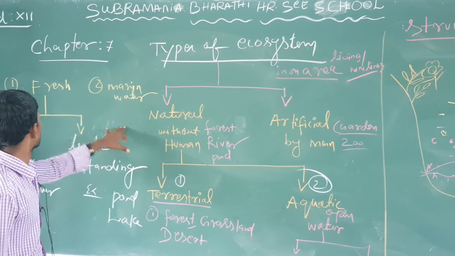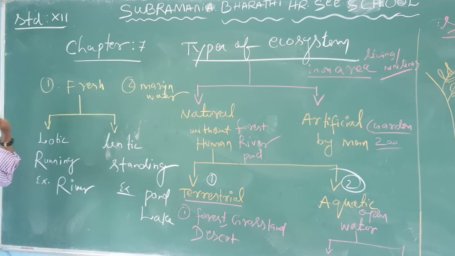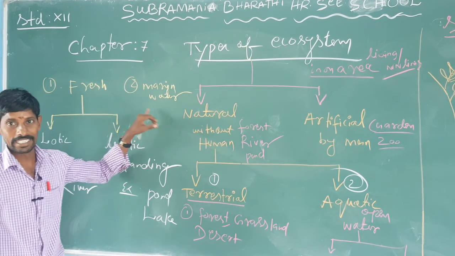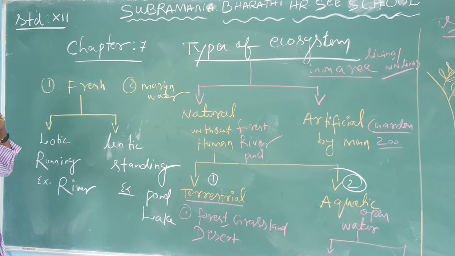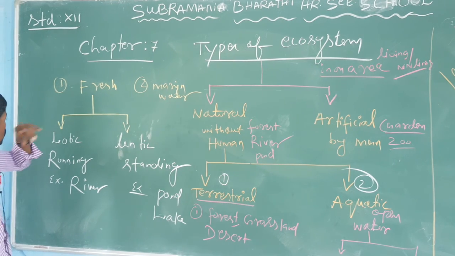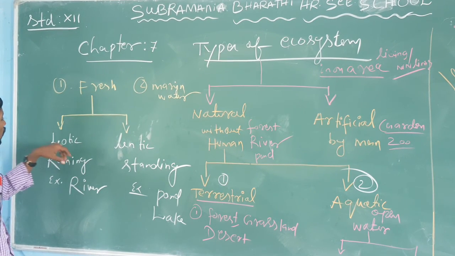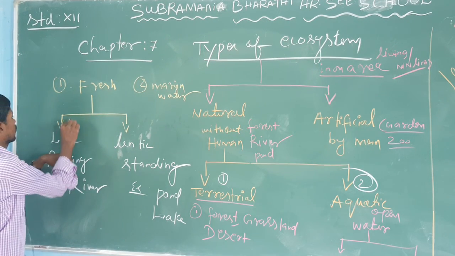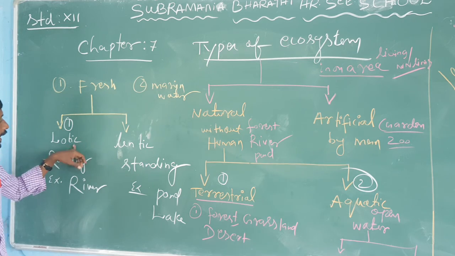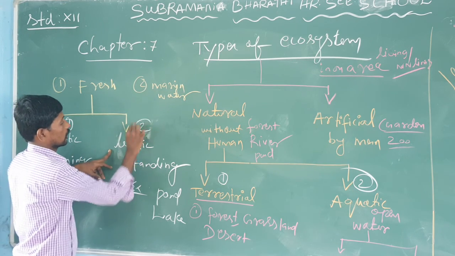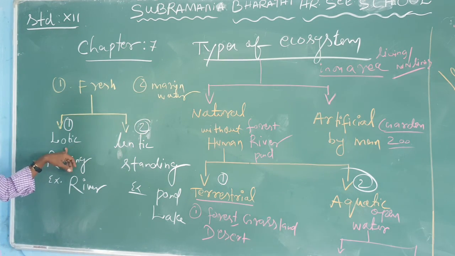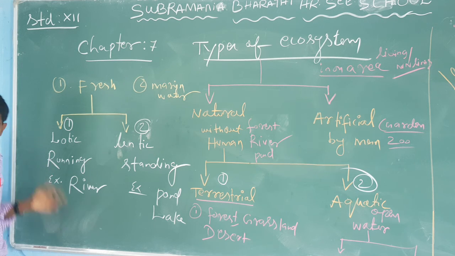They are divided into two types, freshwater and marine water. Freshwater is divided into two types, lotic and lentic. What is lotic? The running water. The running water is always called freshwater lotic.